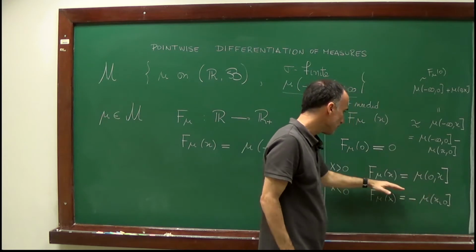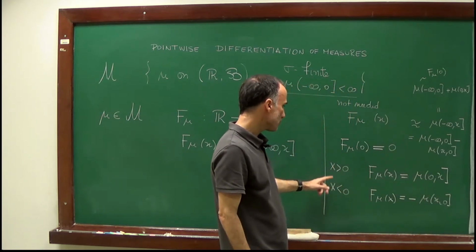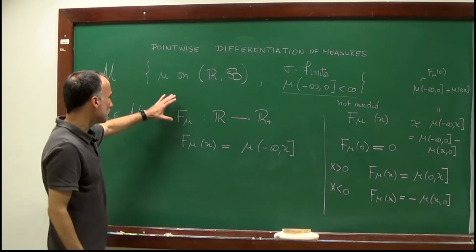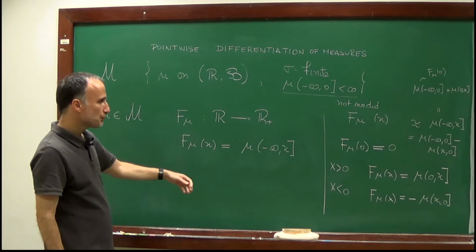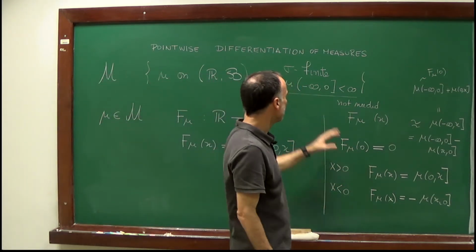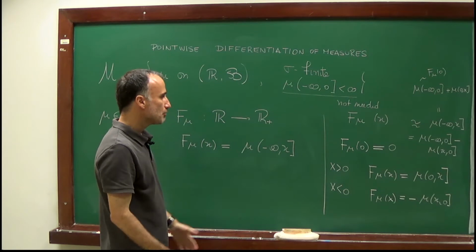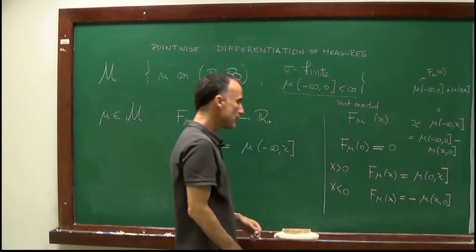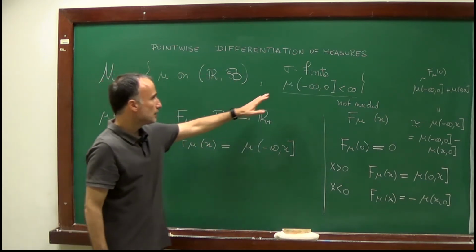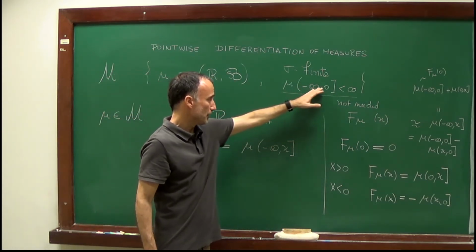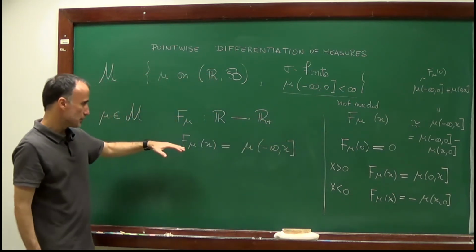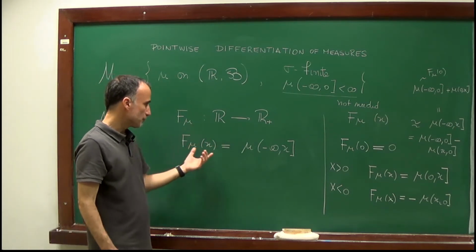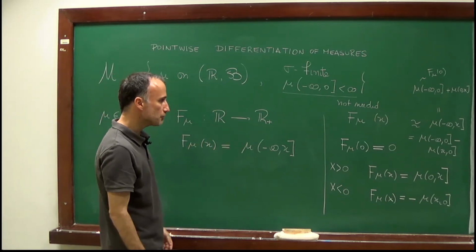It will be given by this identity if x is positive. If x is negative, it will be given by that one. And everything I will prove and say for this function will hold for this function without this assumption. But to avoid having two different expressions for the function, I will assume that mu of the interval minus infinity 0 is finite in order to be able to define this expression, so to have f given by only one formula in terms of mu.